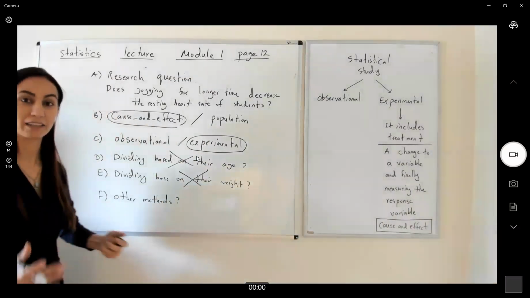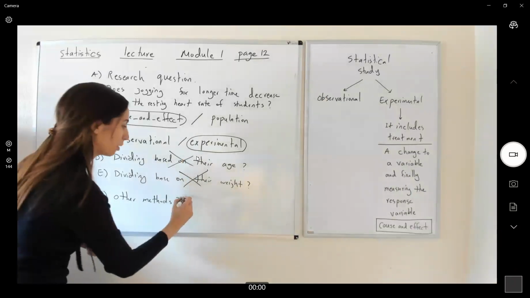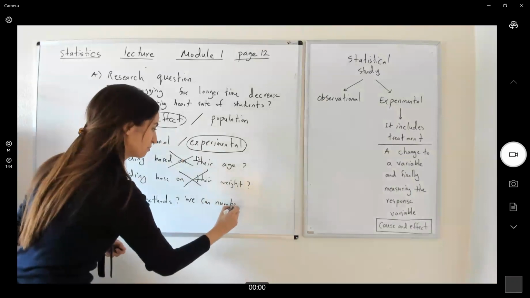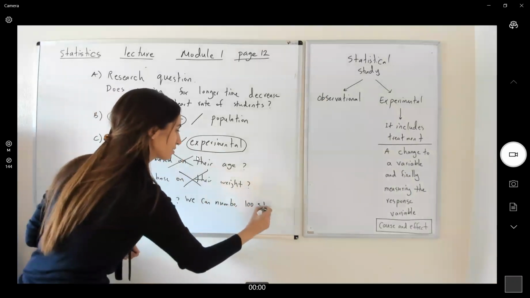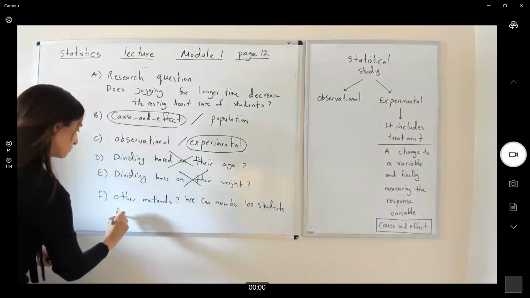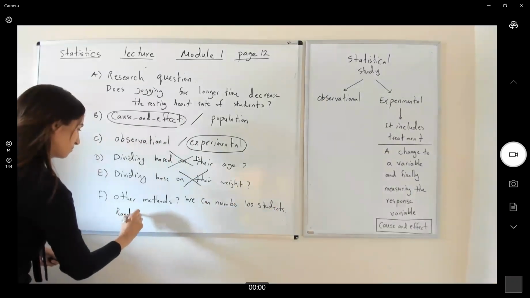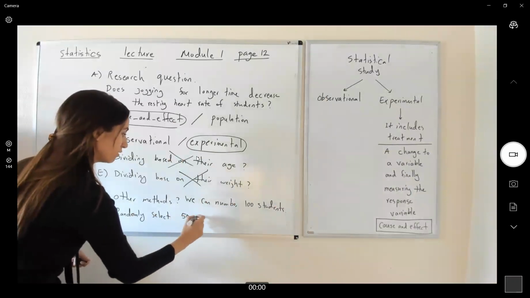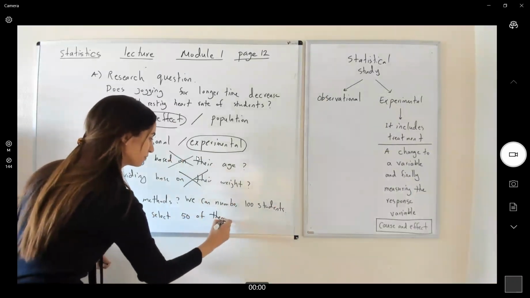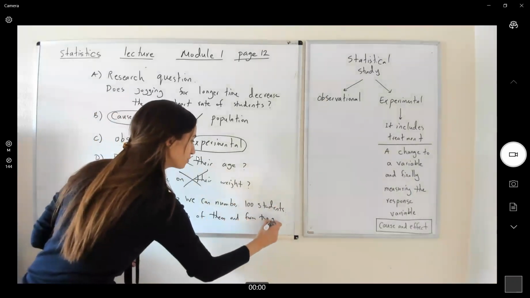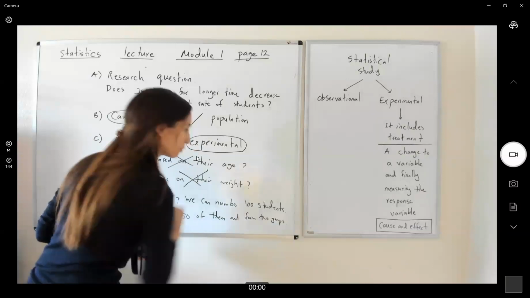Another method: we can number the 100 students, randomly select 50 of them and form 2 groups. That is the best way.